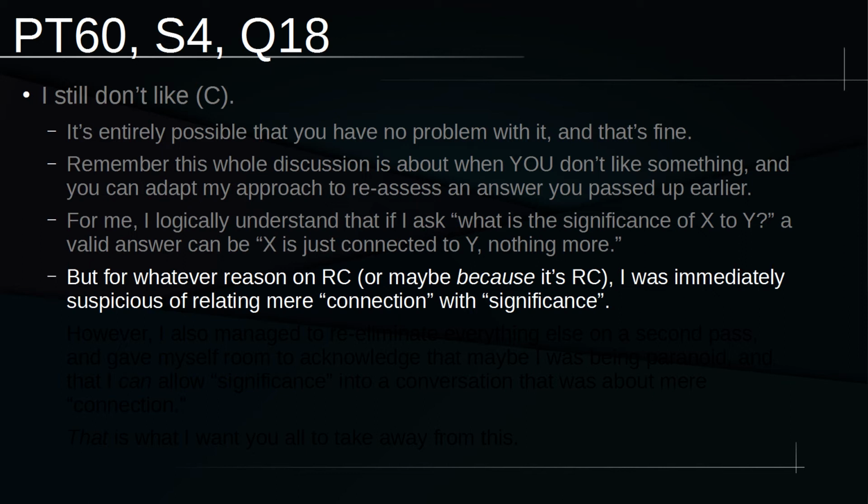Again, I understand how the English language works. I get that mere connection is a level of significance. I just believe that RC very often makes different word choices rather than this one. Or maybe they do it all the time to make trick answer choices. Who really knows? But either way, my red flags went up. I just didn't like it.